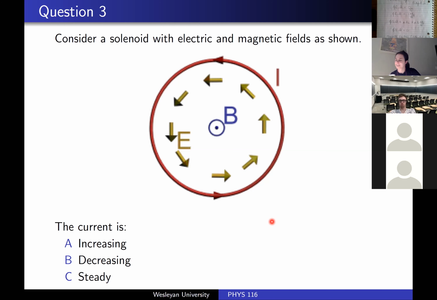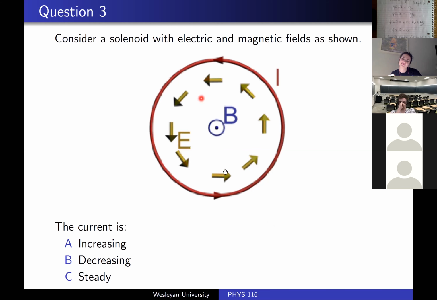All right, so let's think about what Faraday's law tells us. Remember, the easy way to remember the whole thing was like fight the change. So here, if we put a second loop of wire here, this E field would drive its own current in that loop of wire. And which direction would that be? That would be in the same direction as the current in the solenoid, right?